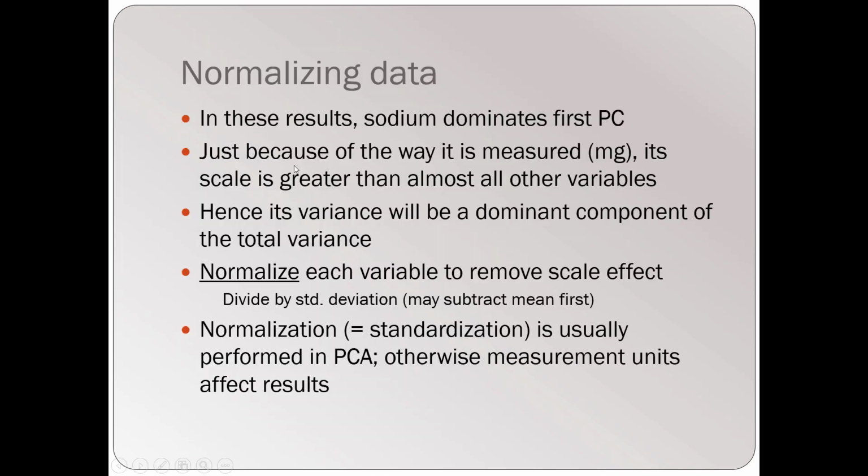In such cases, it is a good idea to use the correlation matrix instead of the covariance matrix in SAS, or you do normalization. In SAS, you can just choose between covariance and correlation. You don't have to normalize the variables, because with correlation, normalization will automatically take place.